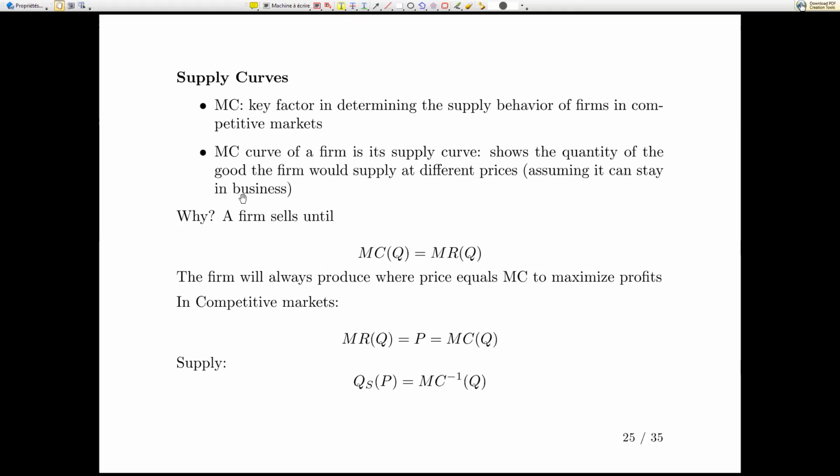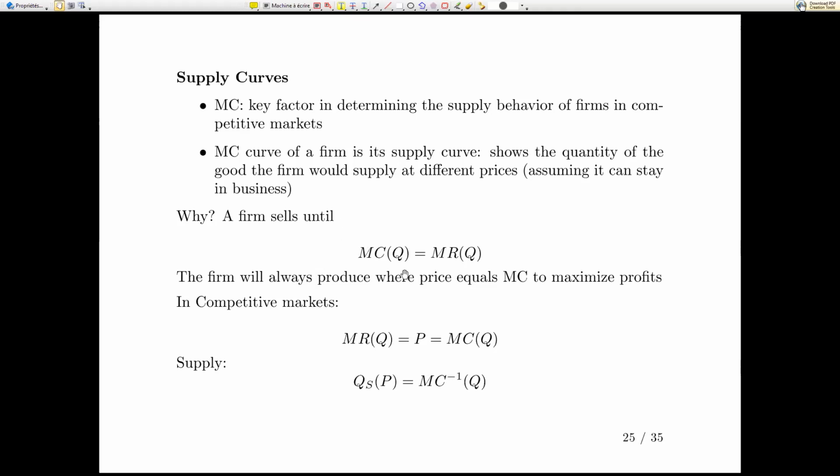Simply because if the marginal cost to produce an extra unit is 10, then the price on the market has to be at the minimum 10. So that gives you a perfect relation between the marginal cost and the supply curve.